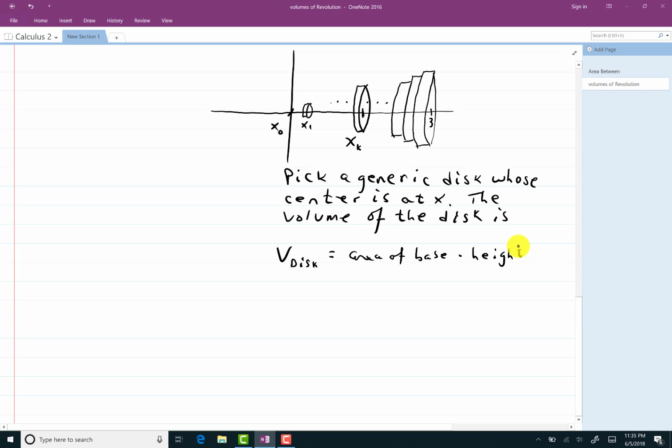So let's take a look and see what we have here. The area of the base is going to be, well, that's a circle, so the area of the base is pi r squared. And the height, I'll just call h for now.